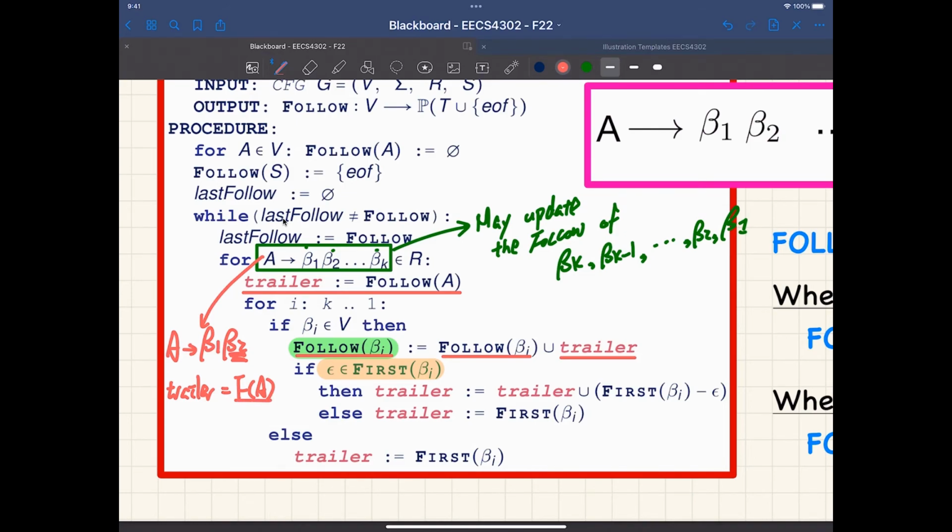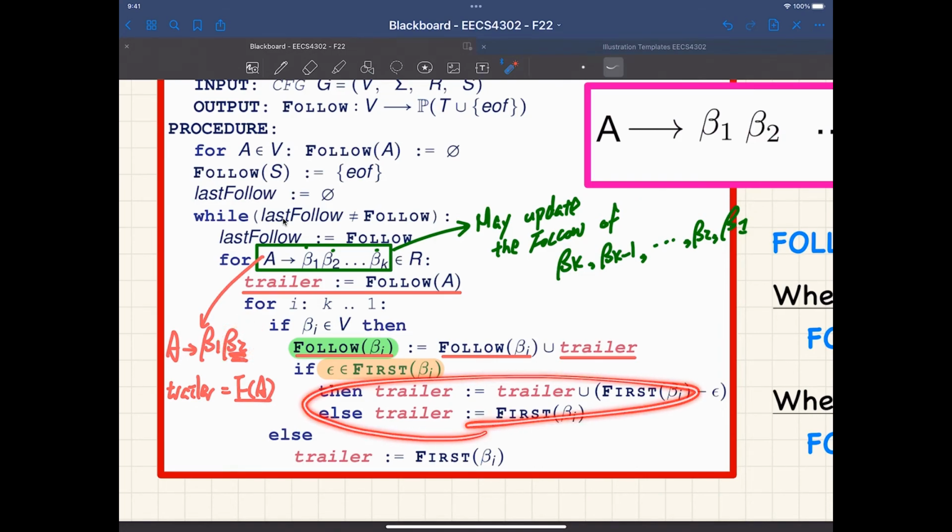Now we should really get ready for the next iteration, meaning that later on, when we calculate beta 1's follow set, do we actually have to let the trailer still include the follow of A? We only do that accumulation if beta 2 is actually nullable. That's exactly what you will see over here.